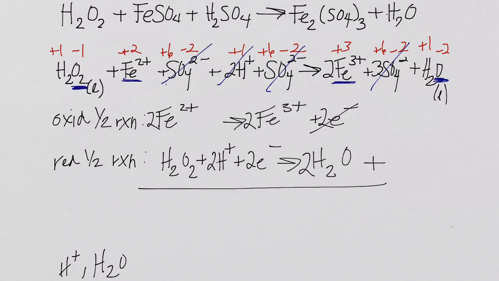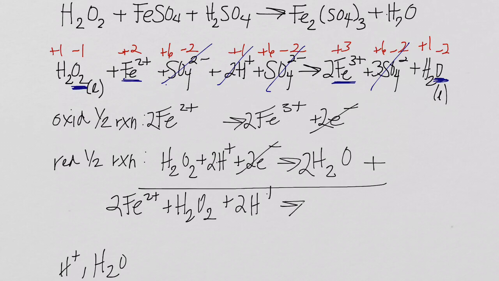And my electrons are going to cancel because I've got equal amounts on equal sides. And so now what I'm left with is 2 irons, a peroxide, 2 hydrogen ions, going to 2 iron 3 pluses, and 2 waters. And at this point, you can be done. This can be your final answer.